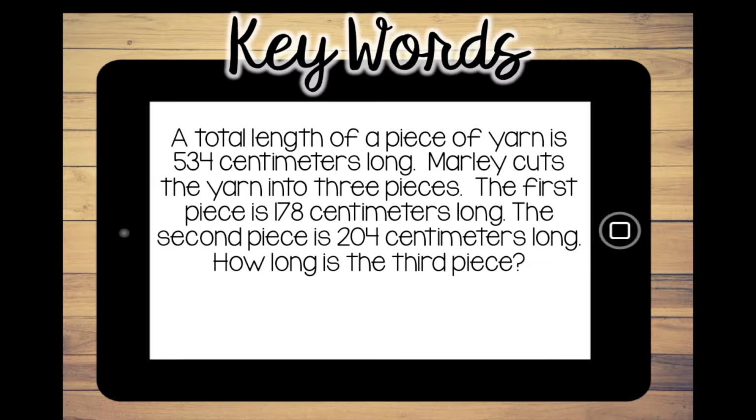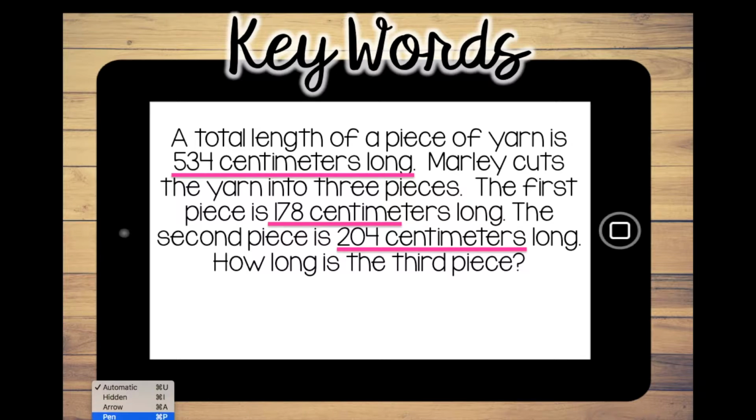Okay, let's first underline the information that we think is important. So we have 534 centimeters long is the piece of the whole rope or yarn. The first piece is 178 centimeters long. And the second piece is 204 centimeters long. But how long is the third piece?